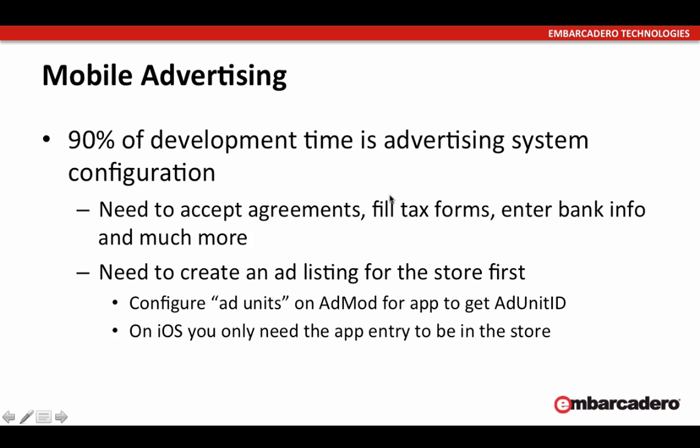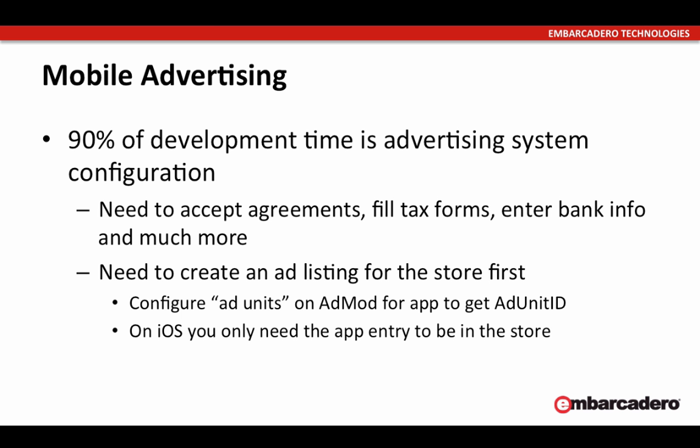So this is the configuration code. Relatively easy to set up in terms of code in your Delphi or C++Builder application. Quite complex to configure in terms of agreements. You have to go through a number of steps, fill in forms, enter your bank information. It's a rather long process, both on AdMob and on iAd.